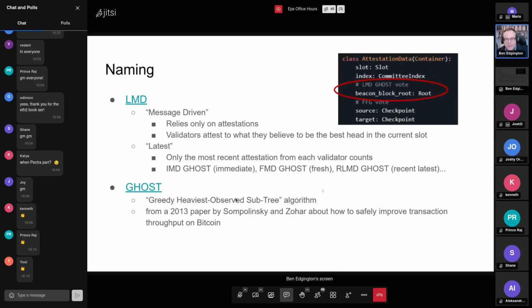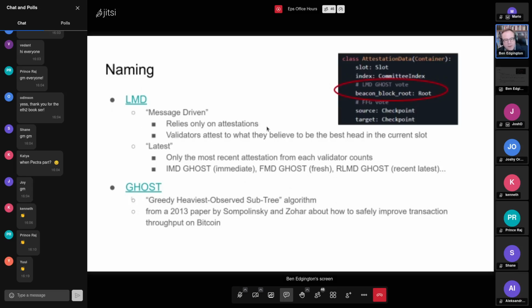There have been other variants: immediate message driven, fresh message driven, recent latest message driven. I'm not going to go into those. They're mostly passed into history. So just to say there are other ways that this could be done, but we use latest message driven. So whatever the most recent message from validator 10,000 is, that's its vote in LMD Ghost, which is its beacon block route.